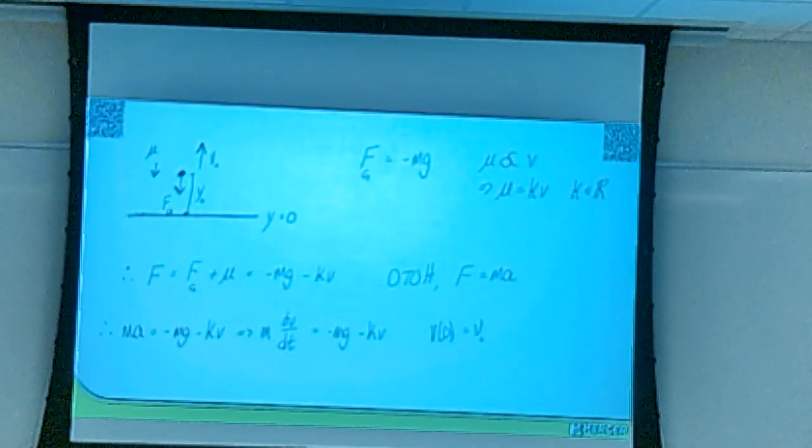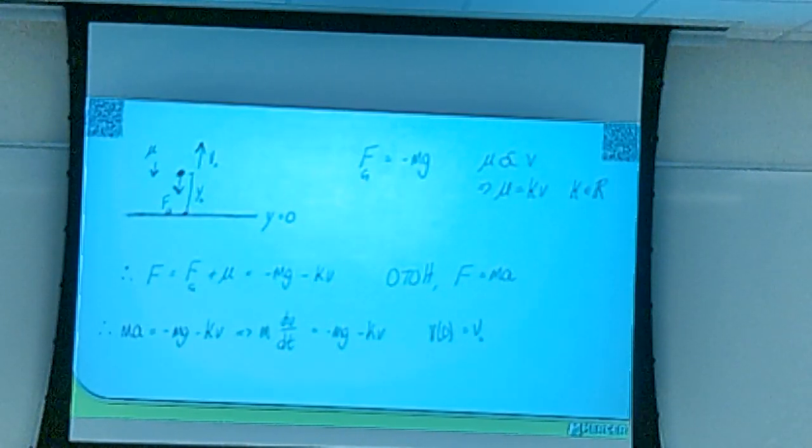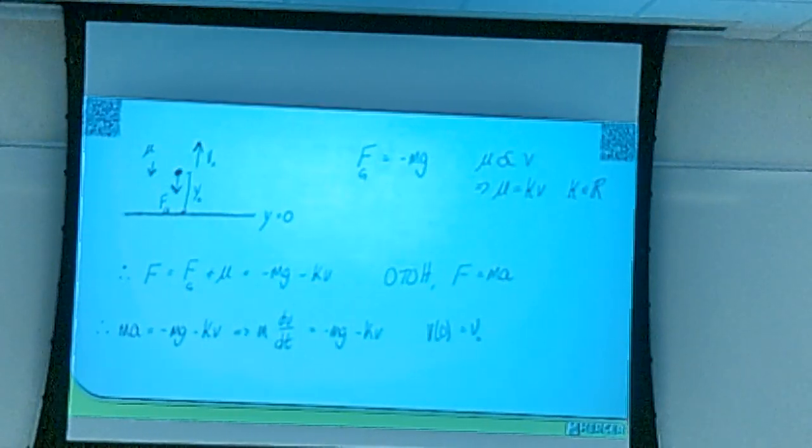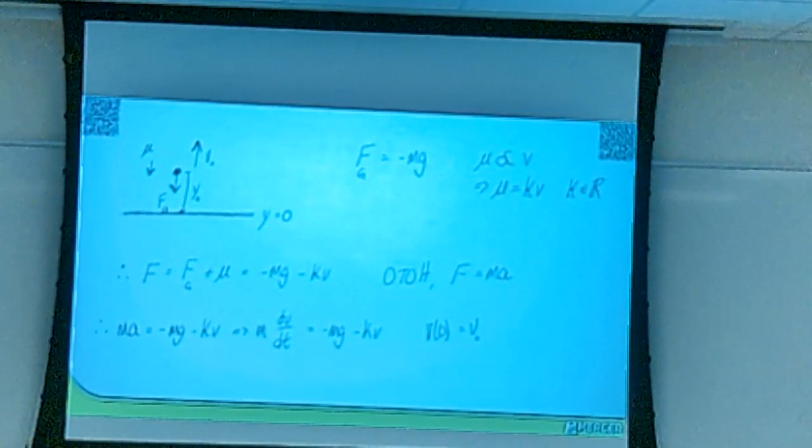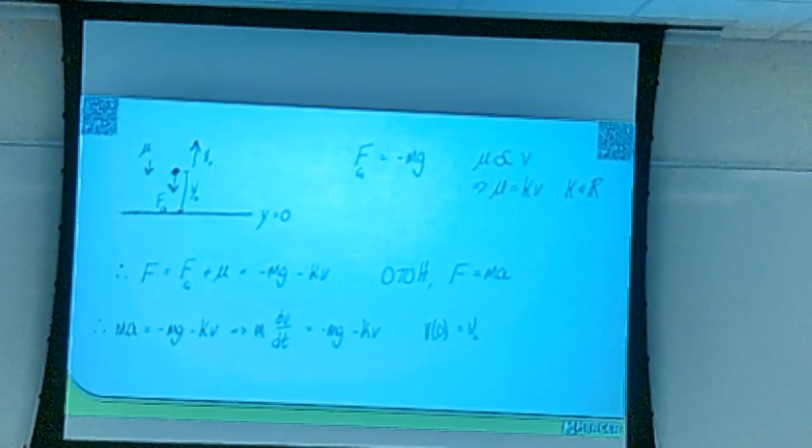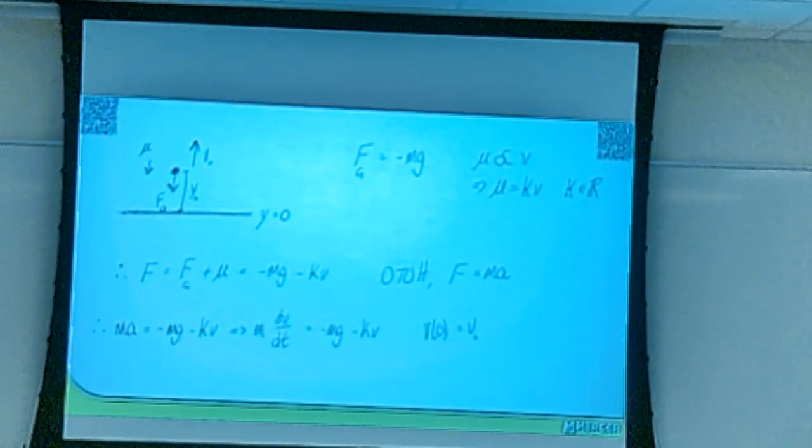You just have to determine if it is positive or negative based on the problem. If it's falling, remember, your air resistance is in the opposite direction. It's always in the opposite direction of motion. Good.